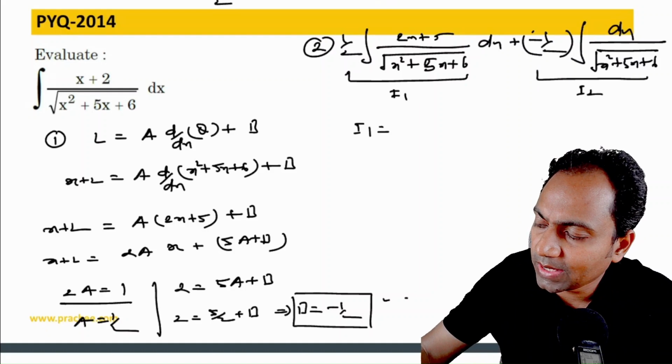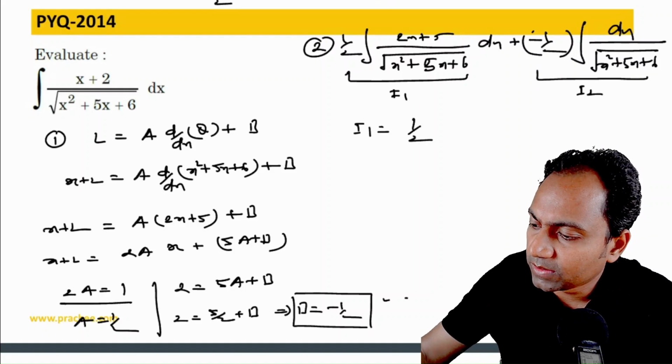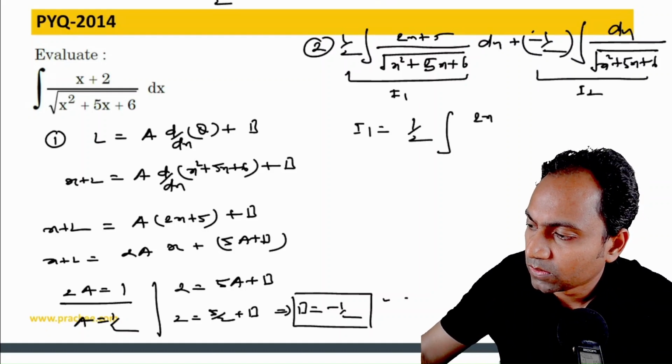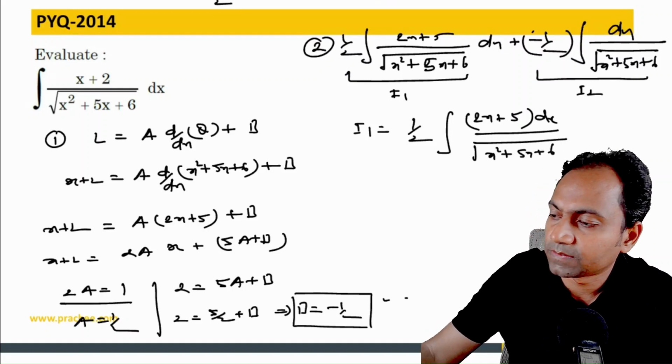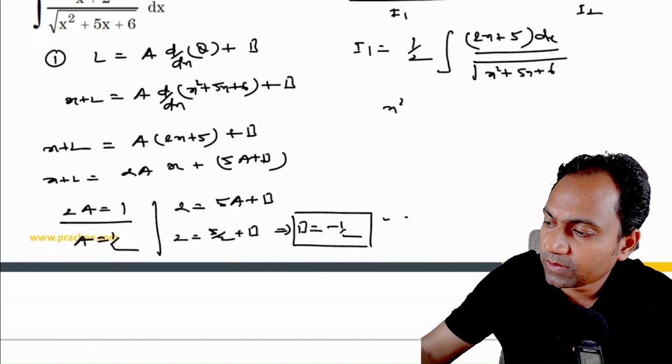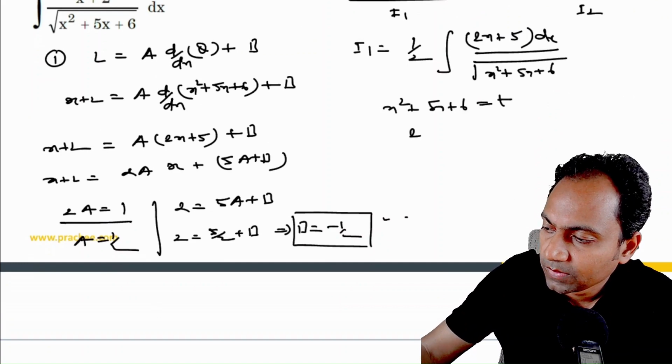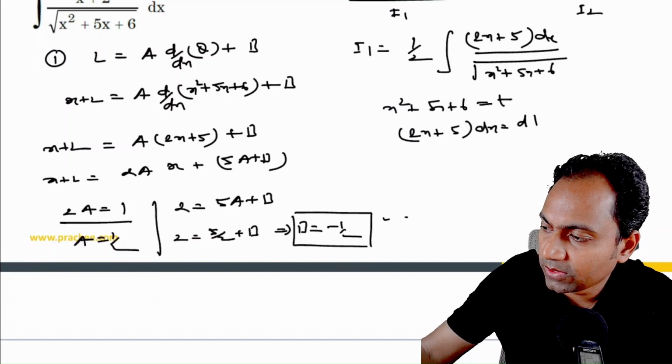If I take my I1, it is nothing but 1 by 2 times the integral of 2x plus 5 dx by root of x square plus 5x plus 6. So what we can do is put x square plus 5x plus 6 as t. So (2x plus 5) dx will be equal to dt.